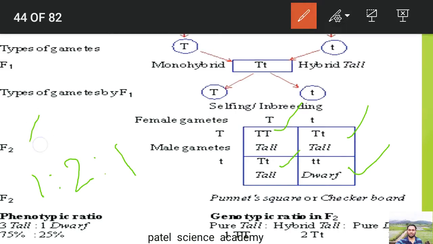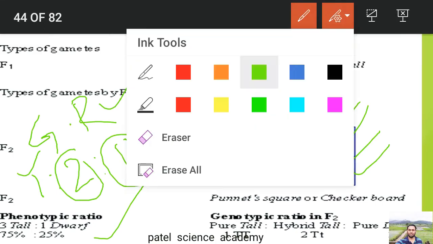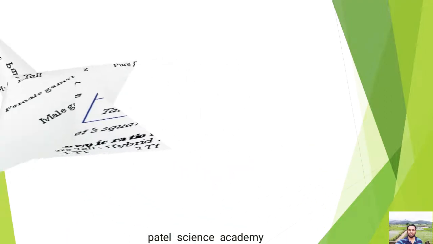So this is the genotypic ratio: 1 capital T capital T, 2 capital T small t, and 1 small t small t. So likewise genotypic ratio is 1 is to 2 is to 1, equal to 4 results, and phenotypic ratio is 3 is to 1, 3 tall and 1 dwarf. This is the explanation of this law of segregation.